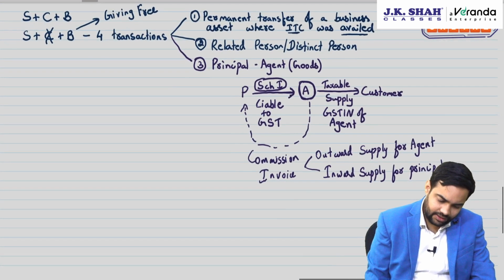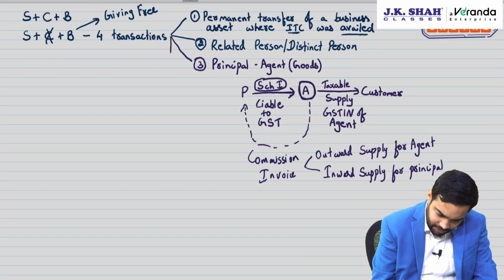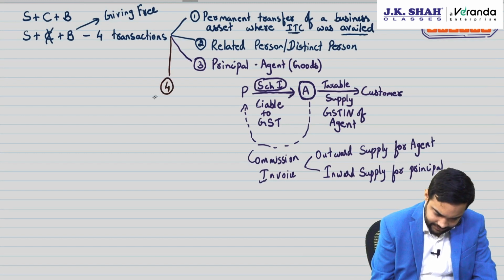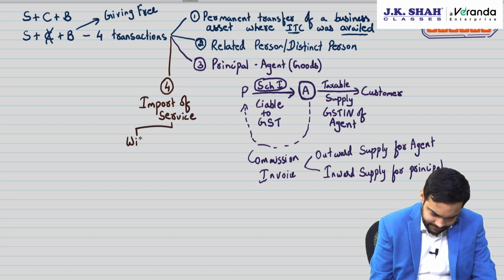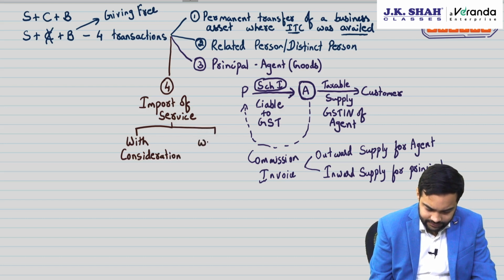Then after this, let's discuss the last transaction, that is import of service. Now, import of service can be with consideration or it can be without consideration. So first let's talk about without consideration, which is covered by Schedule 1.